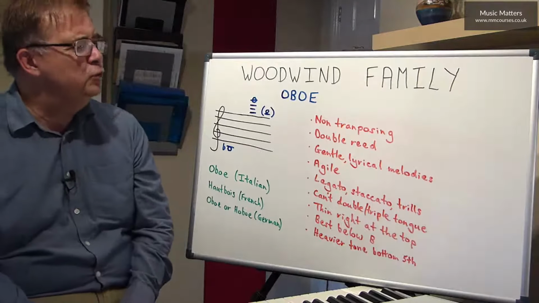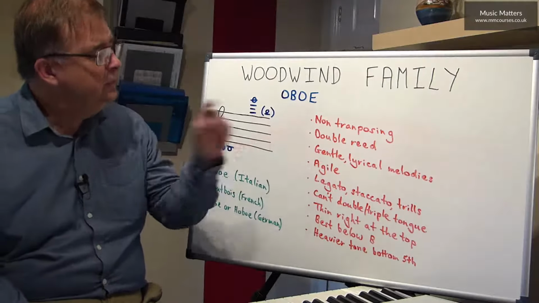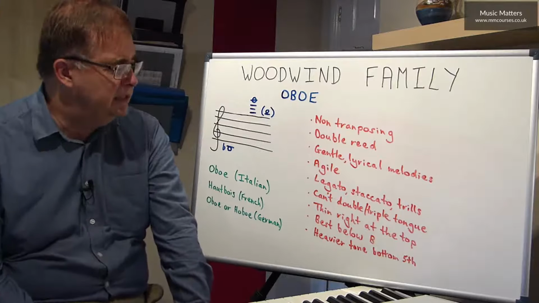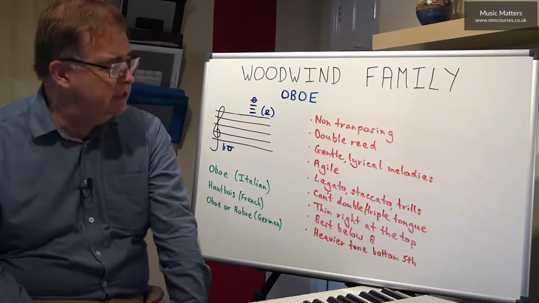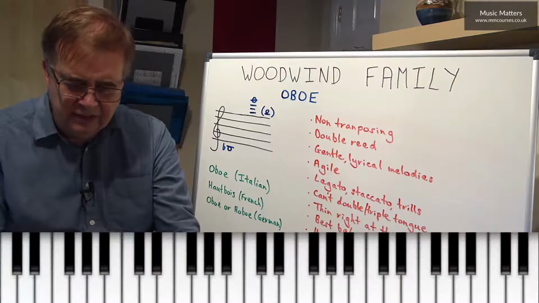Where the oboe really perhaps comes into its own is in this context, being able to produce these lovely, gentle, lyrical melodies. And often this is at its best in the middle of the range. So you get sounds like this.